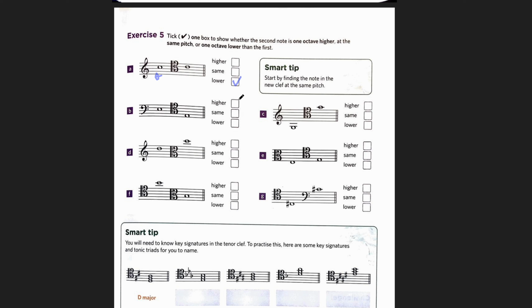This is the same, since this is low and this is in the middle. This is the same, since this is high and this is high, because middle C is down there. This is higher and this is lower, so obviously that would be lower.